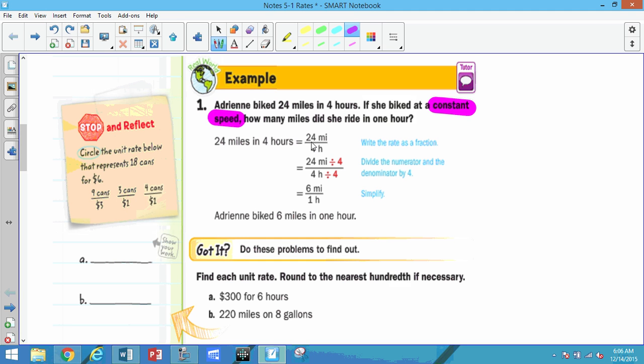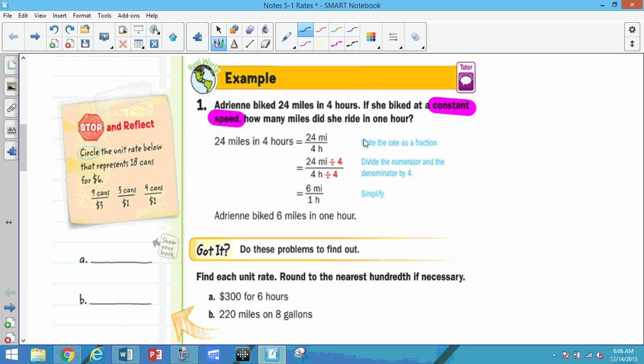The first thing I want you to do is set up your rate so I can make sure that you know what you're doing. Then you're going to simplify that rate into your unit rate.